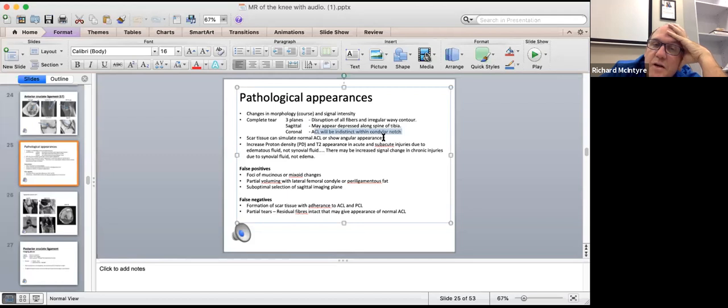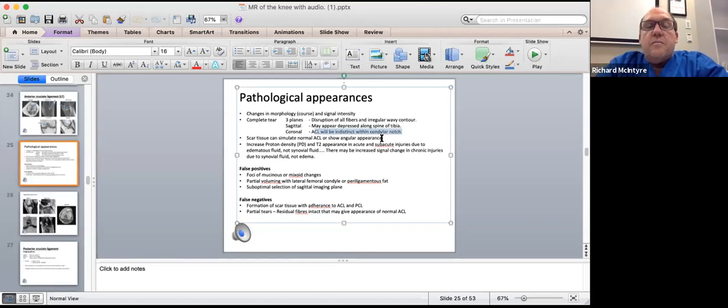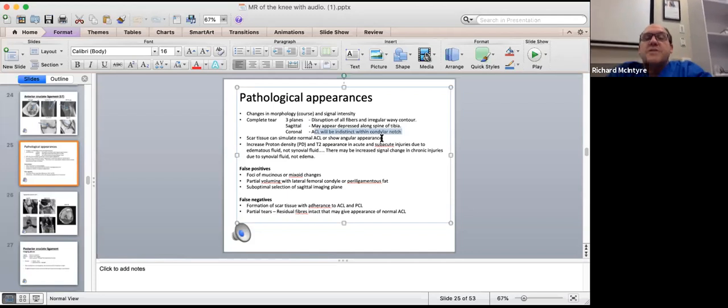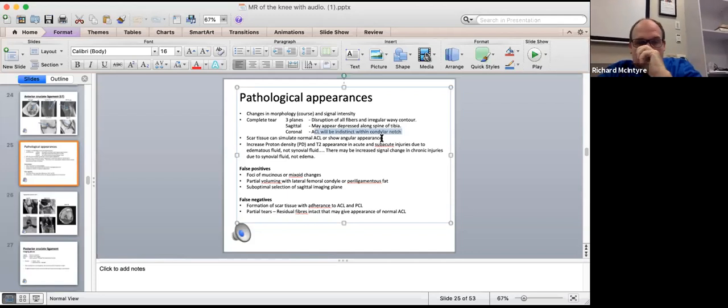Scar tissue can simulate normal ACL or show an angular appearance. If we're looking for an acute tear, it can be difficult to contrast an acute tear from scar tissue. There is increased proton density and T2 appearance. We know that's caused by edematous fluid, not necessarily synovial fluid.